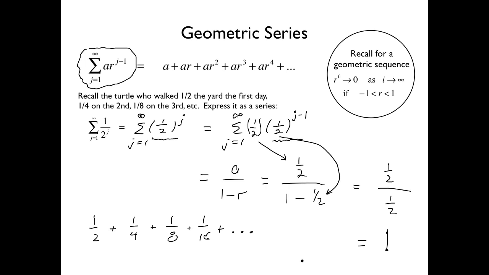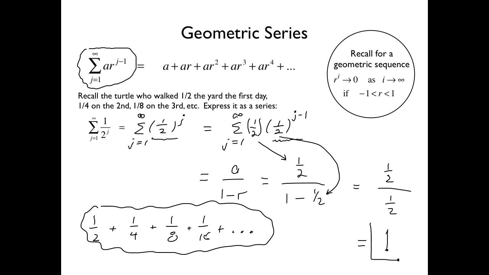If he ever stops and we look at a partial sum, then he will not have made it. Even if it's the trillionth partial sum, he doesn't make it. But if you add together all the terms of this series, which means all infinitely many terms, he makes it to the other side.